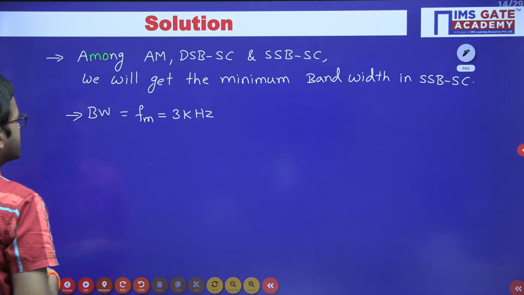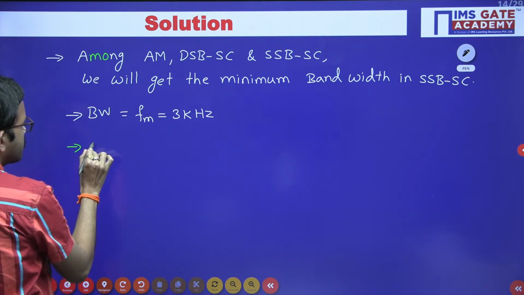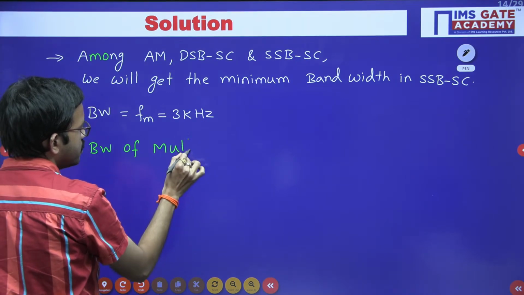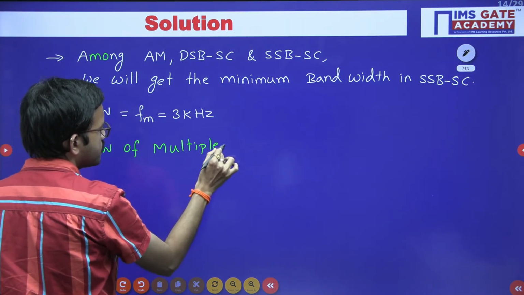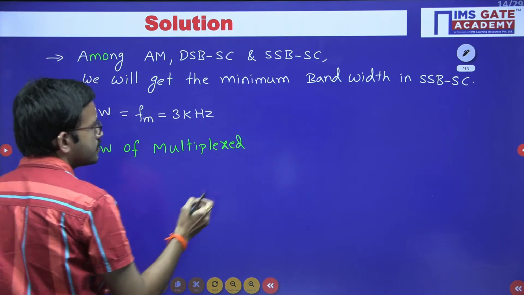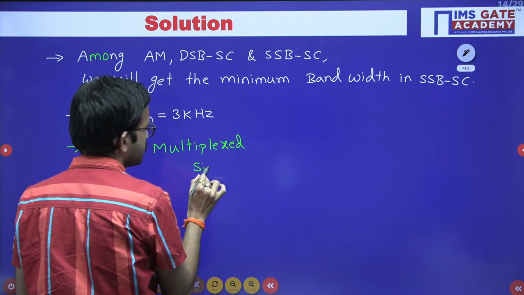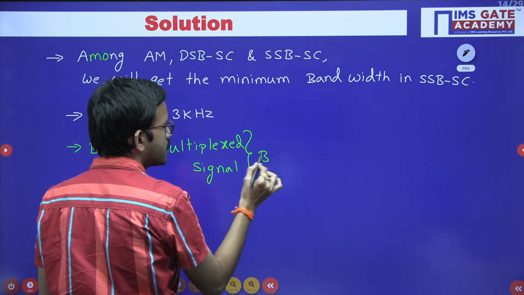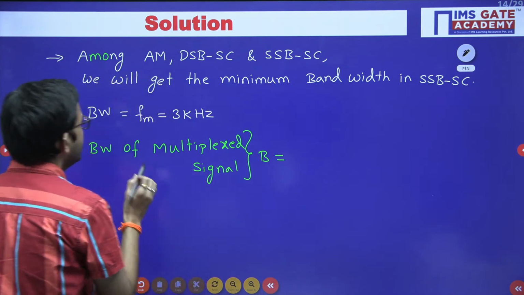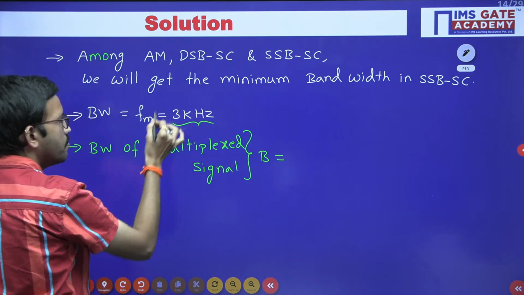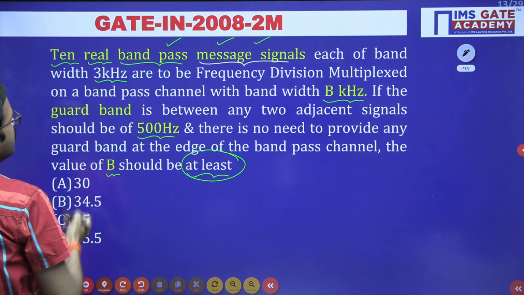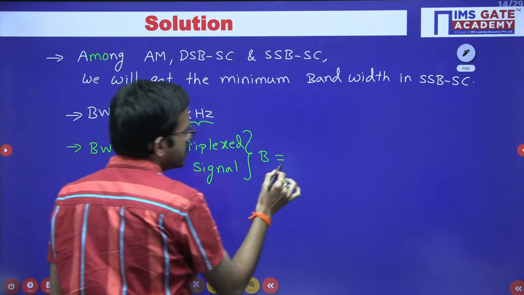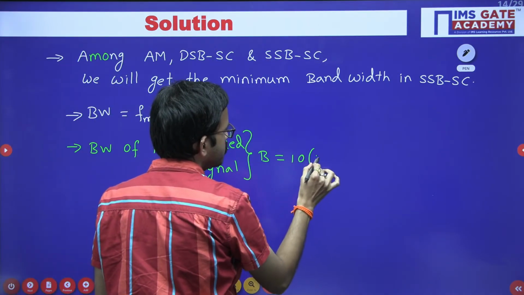Now let us calculate the bandwidth of the multiplexed signal, which according to the question is B. For every signal the bandwidth is 3 kHz using SSBSC, and you have 10 signals, so 10 into 3k.